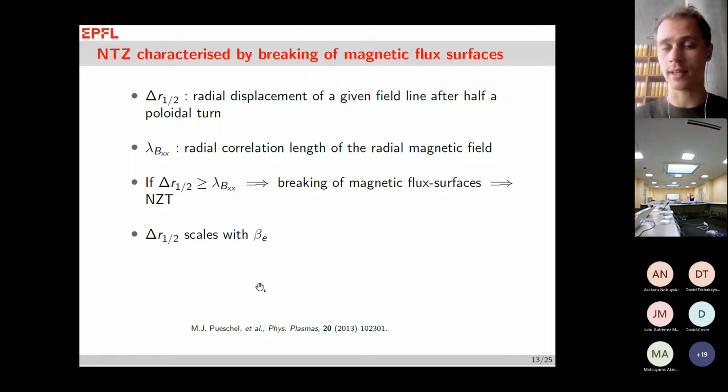The temperature gradients, or the profile gradients, also have a role in the length of this radial displacement compared to the radial correlation length. To illustrate this, first take a case without an NZT.